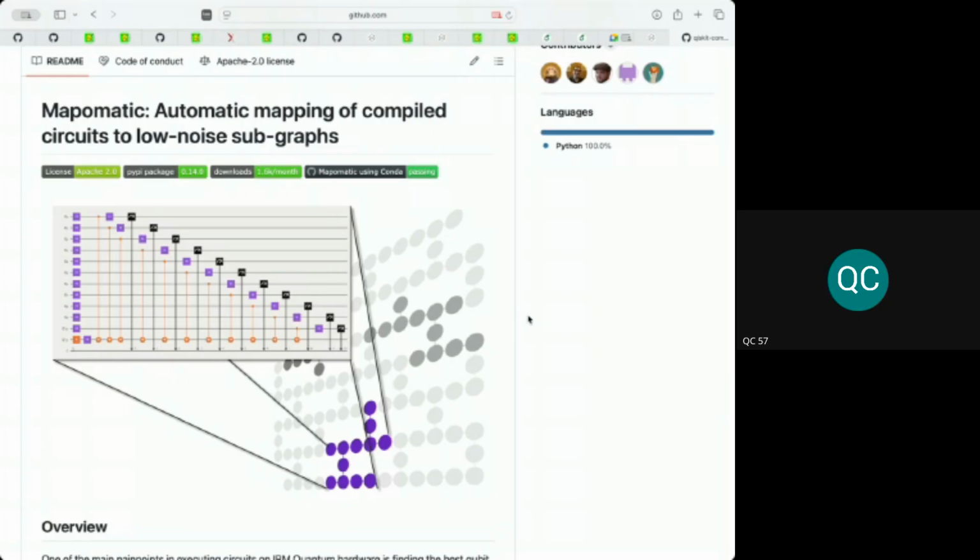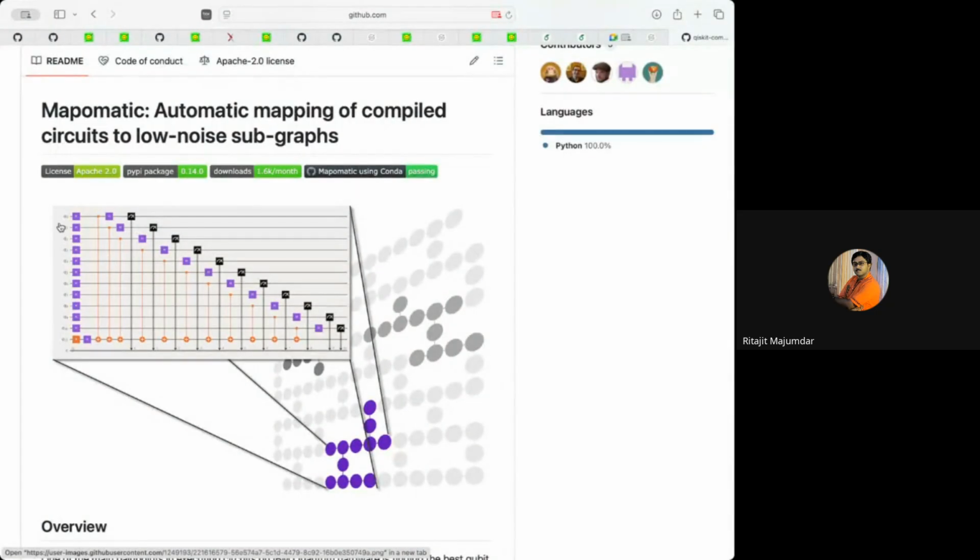It can. Correct. So the point is that already mapping a circuit, even if there is no noise on the hardware, even then doing an optimal mapping of the circuit to the hardware so that the number of swap gates is minimized, this is an NP hard problem. So that means you already have to go to heuristics.